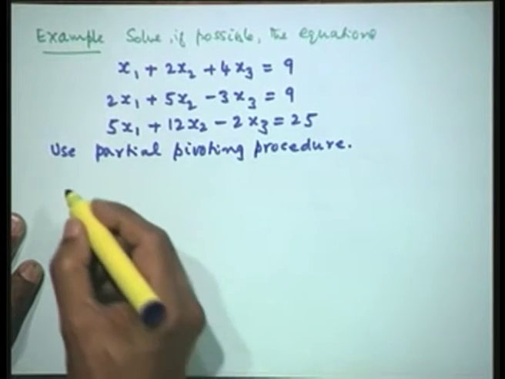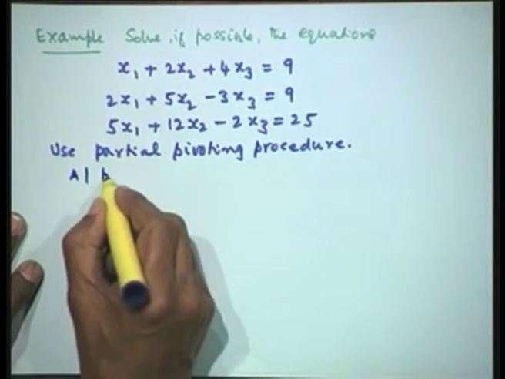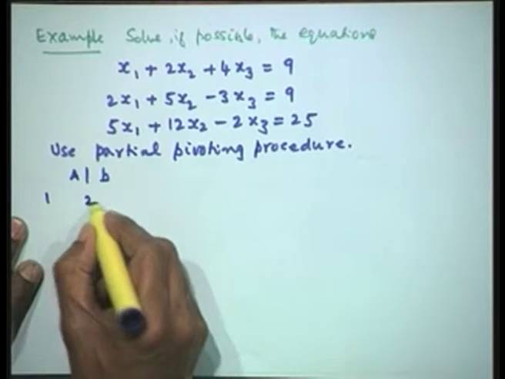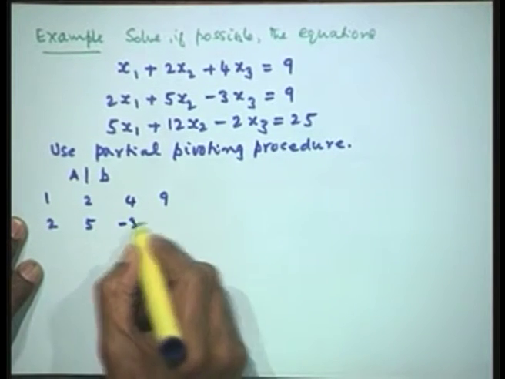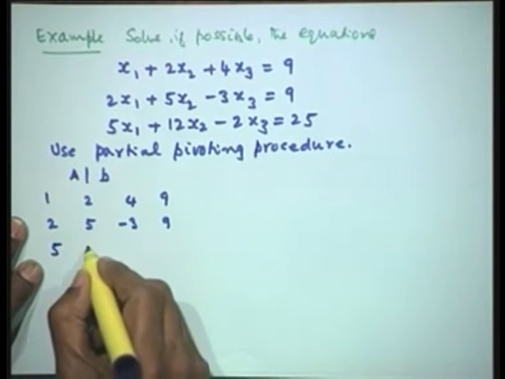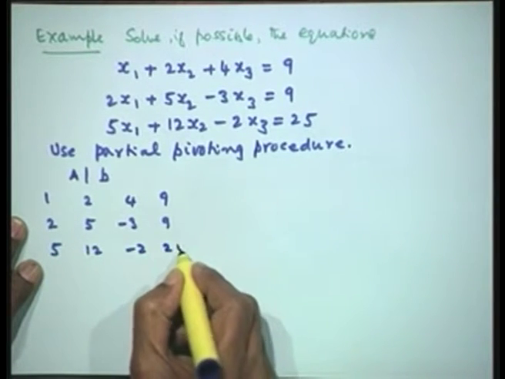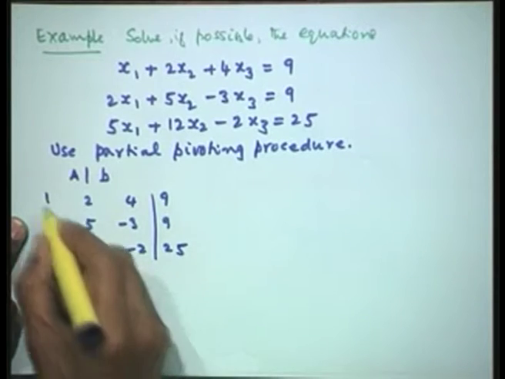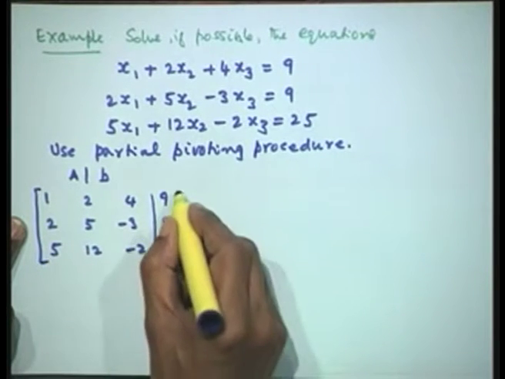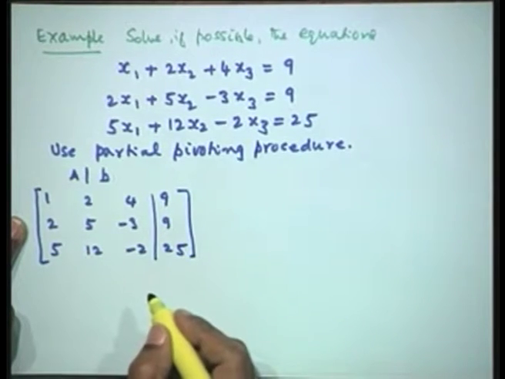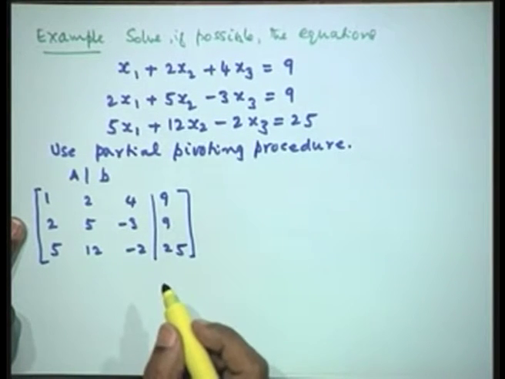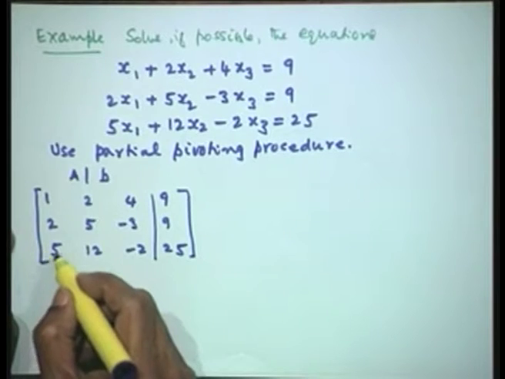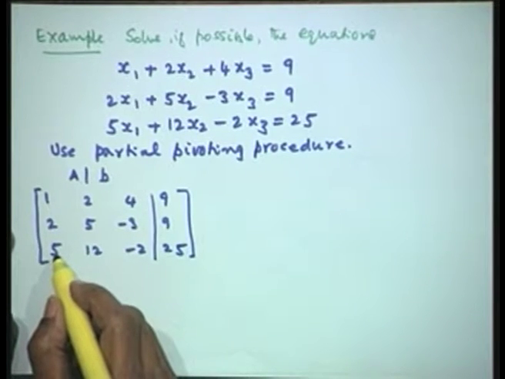Now, let us write down our augmented matrix AB. So, we will have 1 2 4 9, 2 5 minus 3 9, 5 12 minus 2 25. Now, I search the first column for the largest element in magnitude, 5 is the largest element.